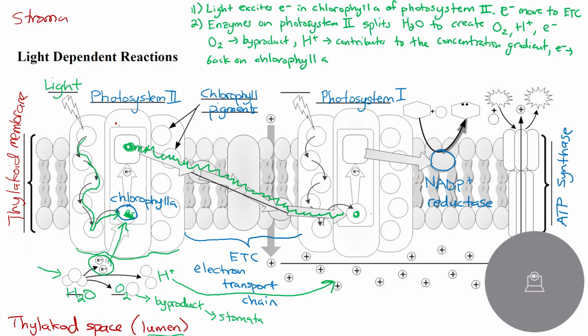And this energy is being utilized to take a proton that's in low concentration and pump it into the lumen, which is considered very high concentration. Going against the concentration gradient using a proton pump requires energy, and that energy lost from the electrons being transferred across the electron transport chain powers that proton pump. So we can call this the proton pump.